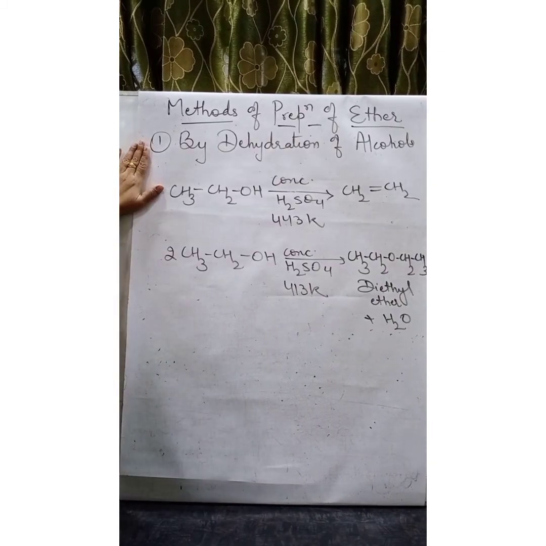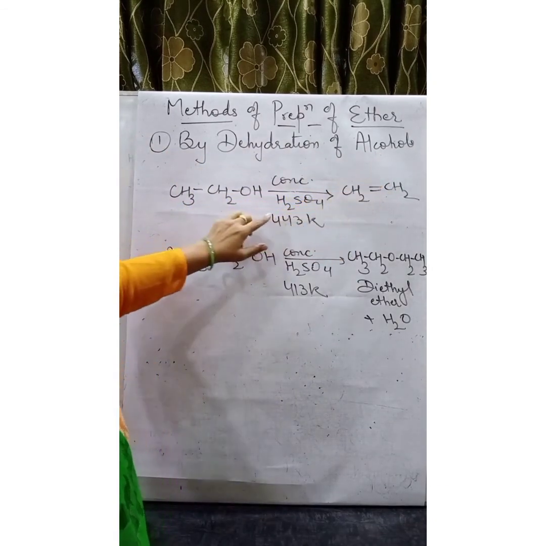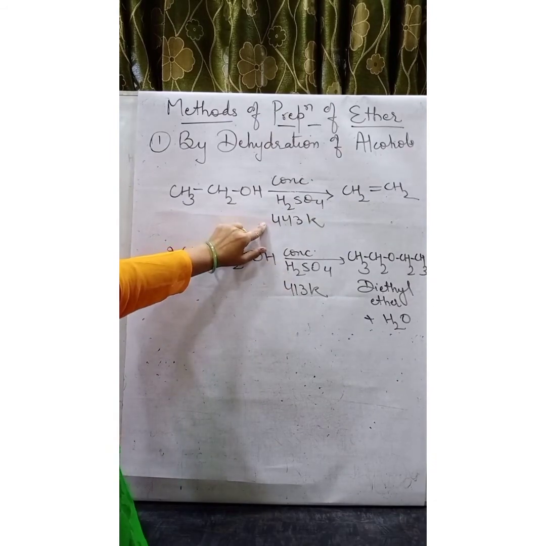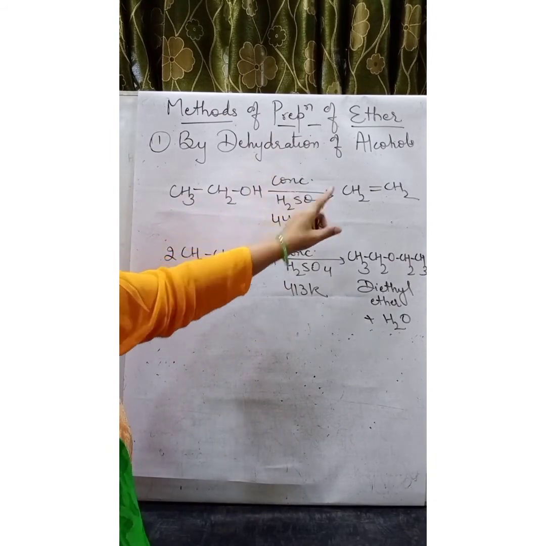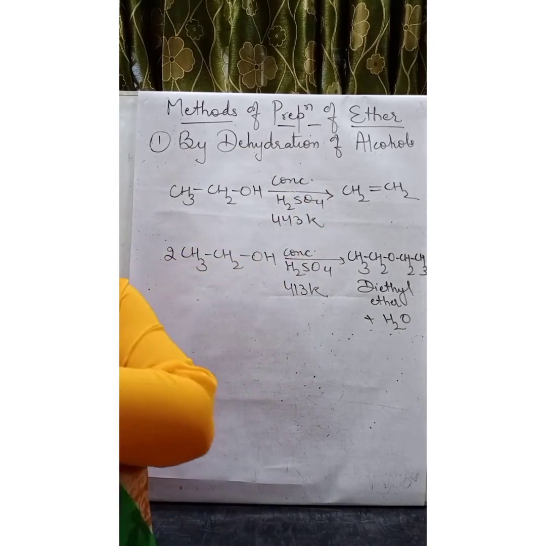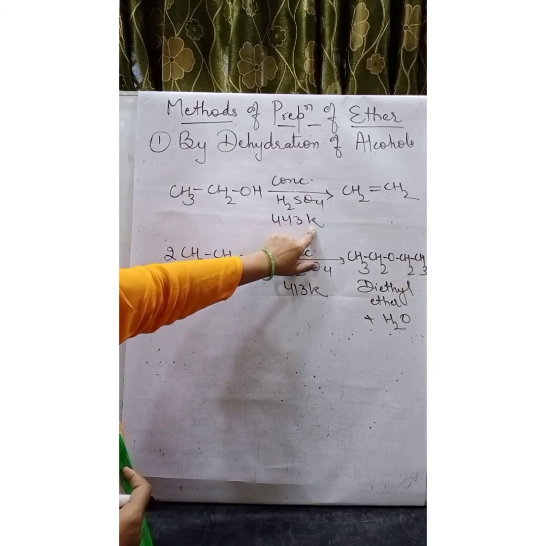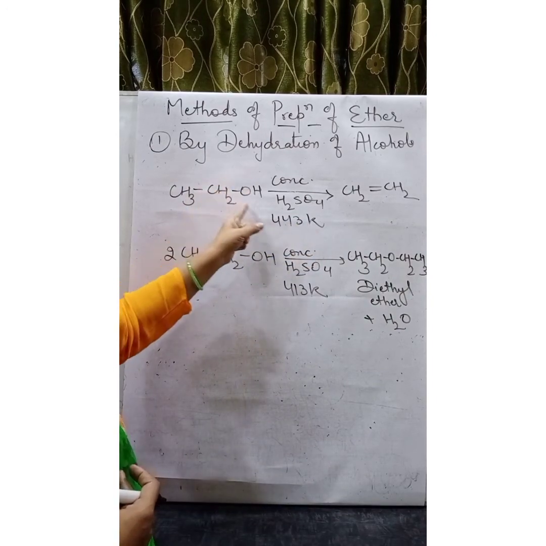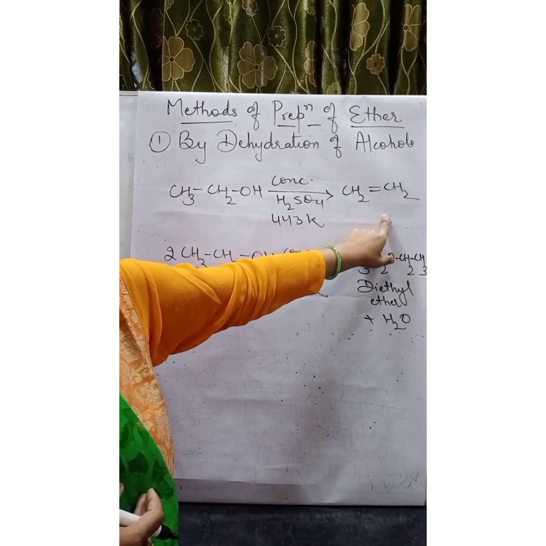Methods of preparation of ether. Ethers can be prepared by dehydration of alcohols. Now we have to look at the temperature condition. When ethanol undergoes dehydration in presence of concentrated H2SO4, which is a common dehydrating agent, at 443 Kelvin, then this water molecule gets removed, resulting in the formation of alkene.